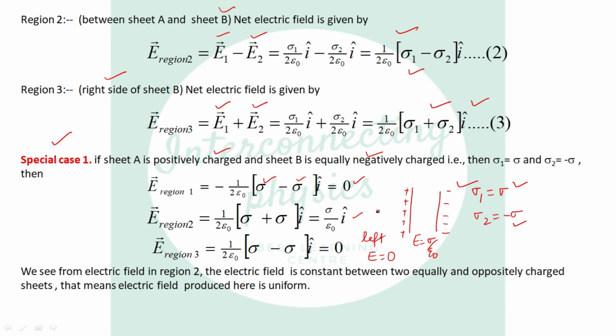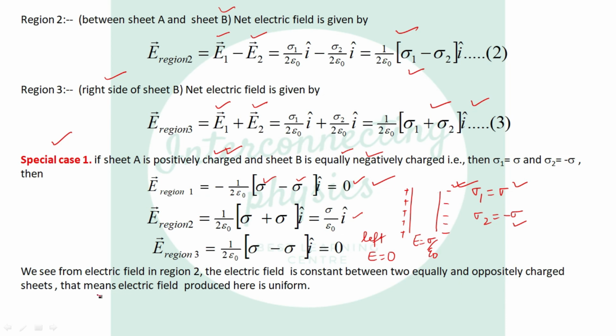Now the main thing you have to remember here: if we are given two parallel sheets, one positive and another equally negative, then the electric field will exist only in between the sheets, and on the left and right, outside the sheets, the electric field will be 0.